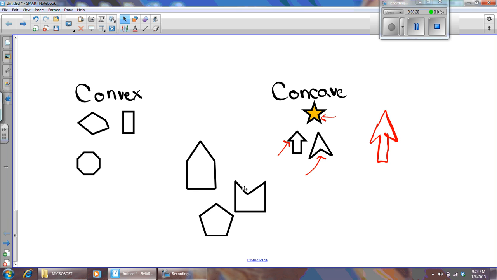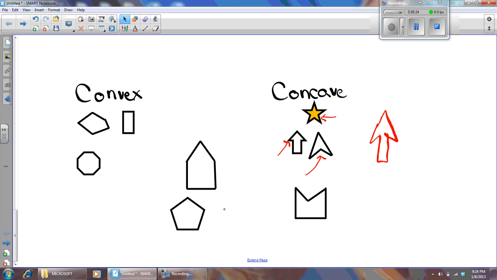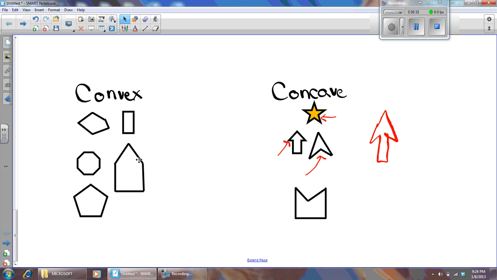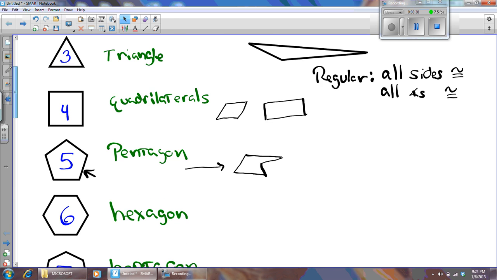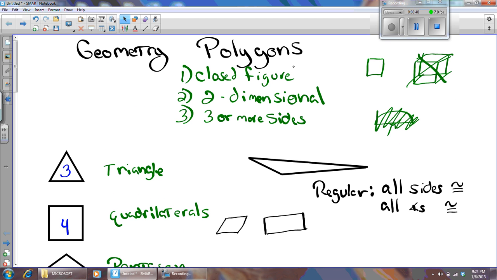Okay, if you're watching for a solution, this one's concave, that one's definitely convex. What about this one? Well, is it going in on itself? No, it's not. It's actually a convex shape. Okay, all right, so let's see, what did we go over today? We learned the definition of a polygon, a closed two-dimensional figure having 3 or more sides, right?